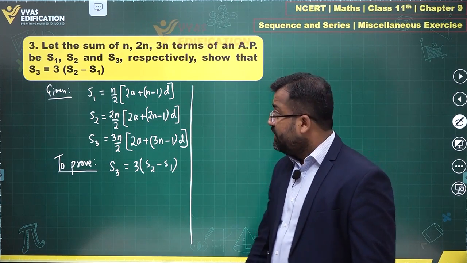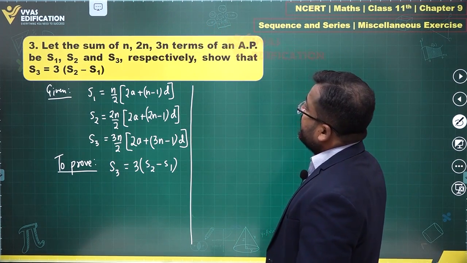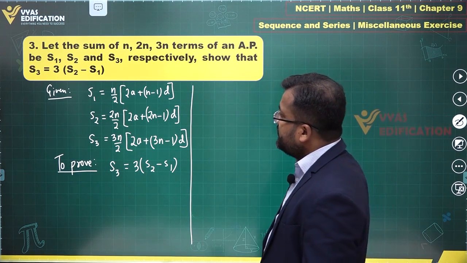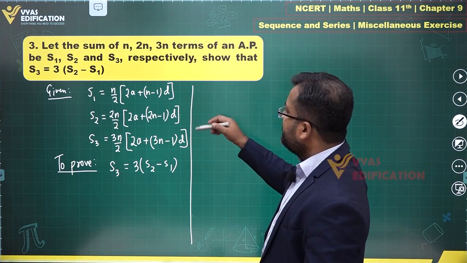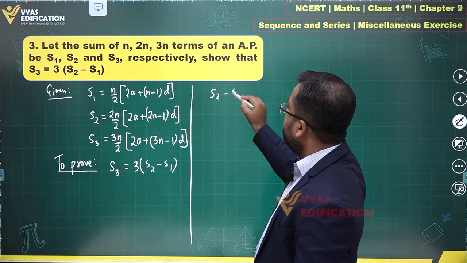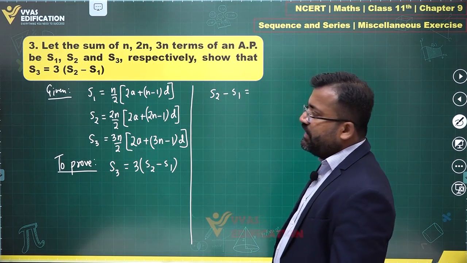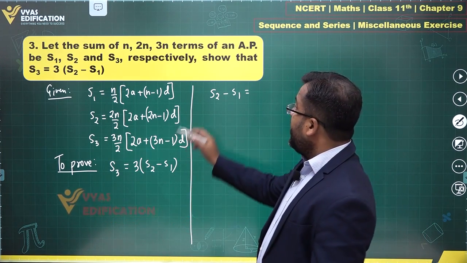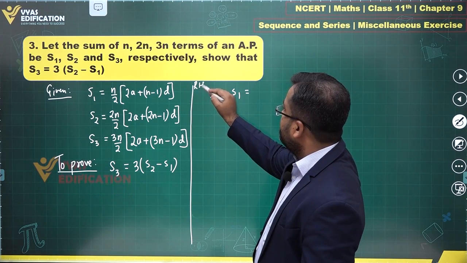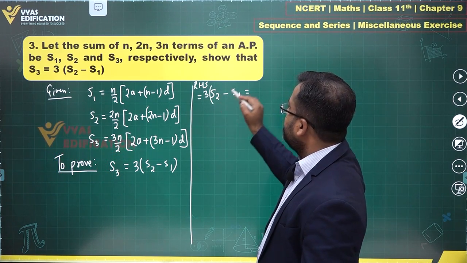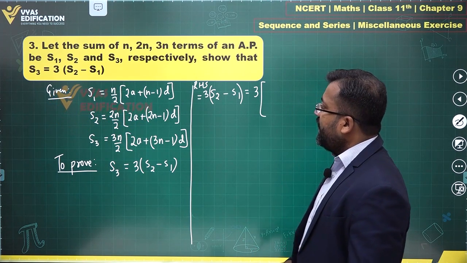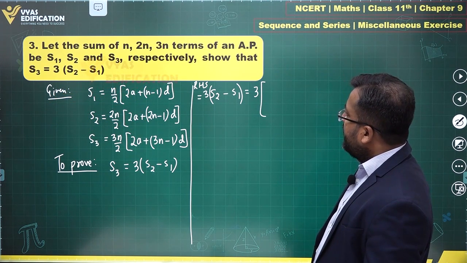Okay. What else? Is there anything else? No, just that. So we can find S2 minus S1 somehow. Let's focus on finding S2 minus S1. Or should we say that we are basically simplifying the RHS, which is equal to 3 times (S2 minus S1), which is equal to 3 times, in the bracket you have S2.